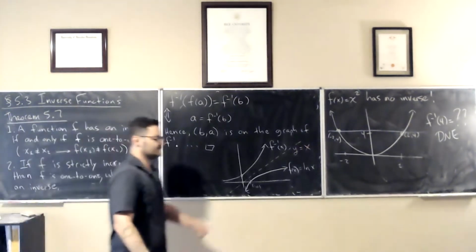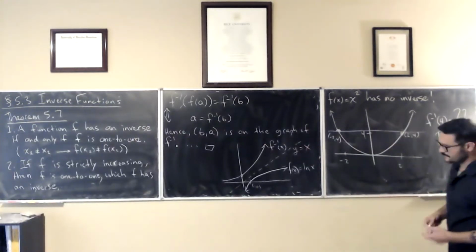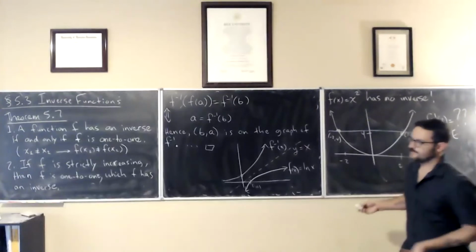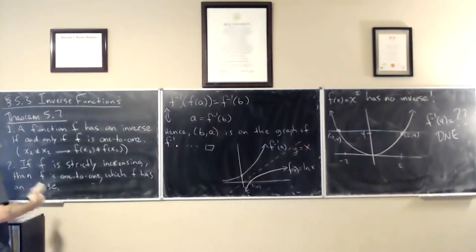So if your function is strictly increasing, that implies that you'll be 1 to 1, and all 1 to 1 functions have an inverse. So it's just another way of determining if a function has an inverse.